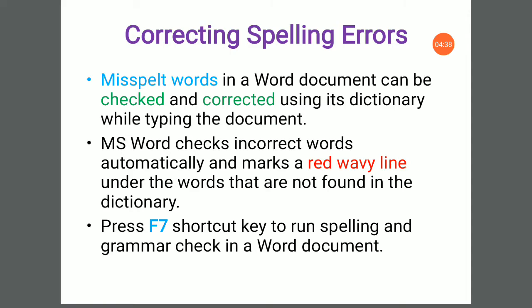Students, when we type in an MS Word document, if we make any mistake, if we type wrong words, MS Word itself automatically shows us the wrong words by putting a red wavy line under that word, so that we can identify we have typed some wrong words. And MS Word also helps us to correct their spellings. Okay.